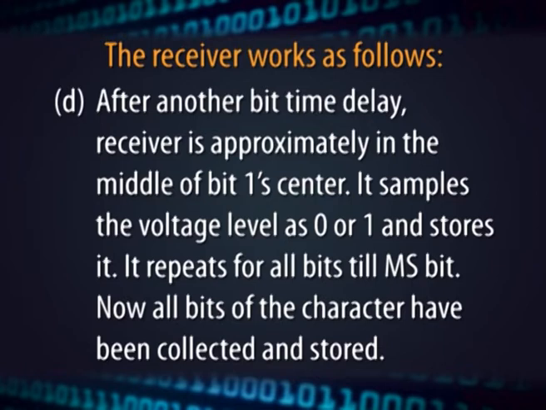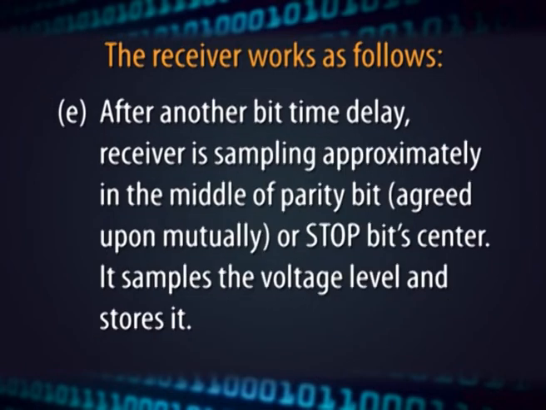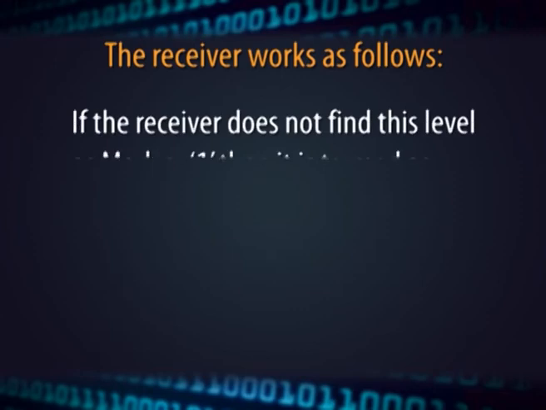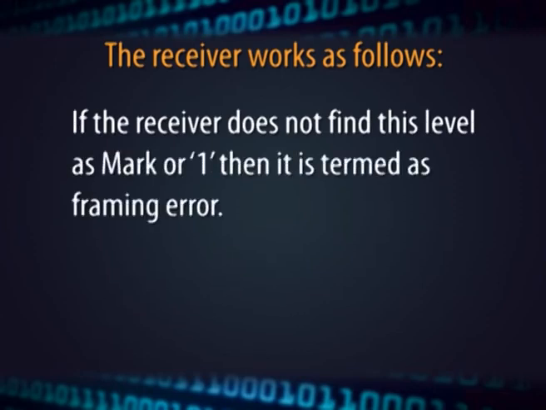Now, all bits of the character have been collected and stored. After another bit time delay, the receiver is sampling approximately in the middle of the parity bit agreed upon mutually, or the stop bit's center. It samples the voltage level and stores it. If the receiver does not find the level as mark or 1, then it is termed a framing error.